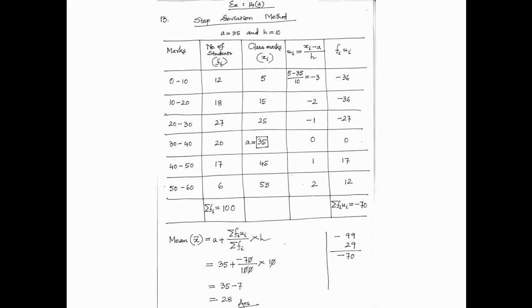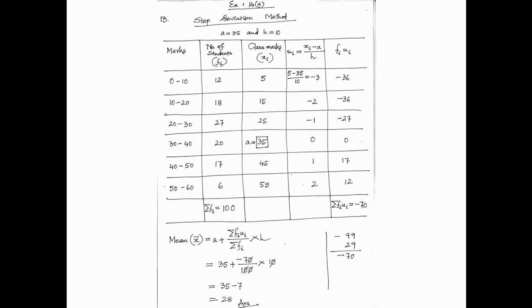If you put the value of xi, that is 5, minus a, how much? 35. h is how much? 10. So 5 minus 35 is minus 30, divided by 10, equal to how much? Minus 3. And this ui, minus 3, you multiply it with fi. So 12 into minus 3, you get minus 36.